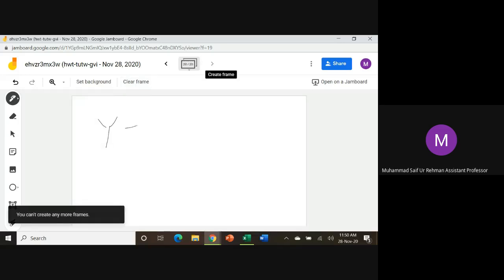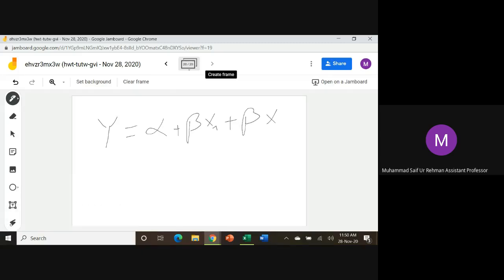Okay. So let us say this is the situation. Y is equal to alpha plus beta1 x1 plus beta2 x2, with y hat and the residuals. Fine. So let us say x1 is the age of the people, let us say 50 years, or around 50 years.